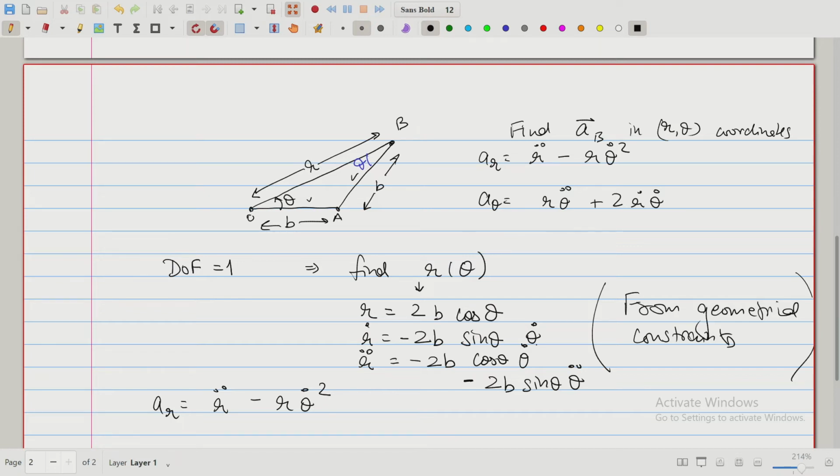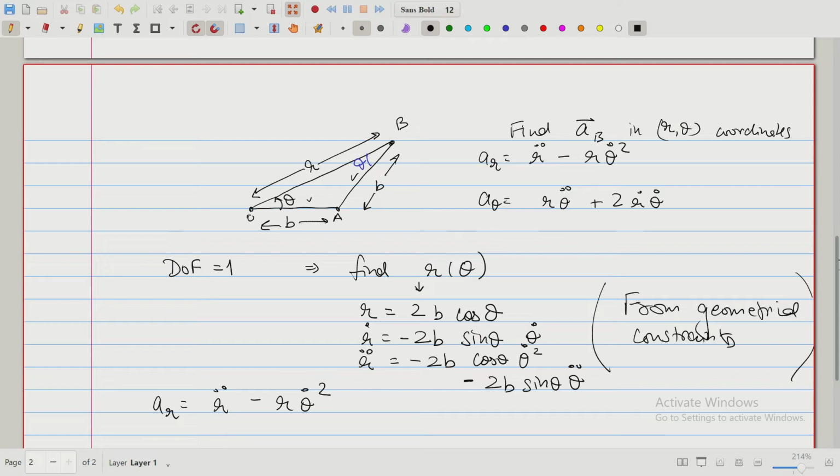Let me think. My brain's frozen now. So we have seen enough number of problems where theta dot was a constant. So this was a silly mistake I did.